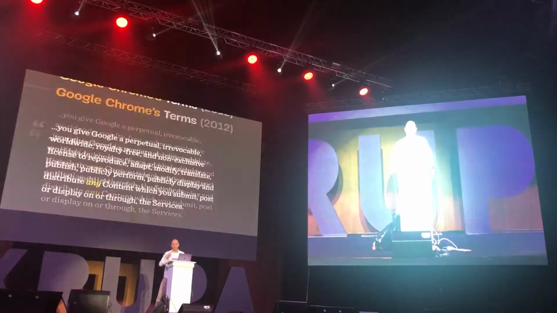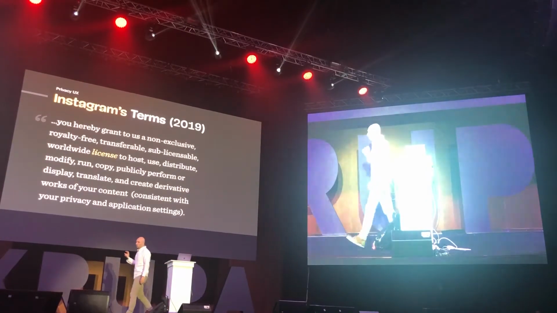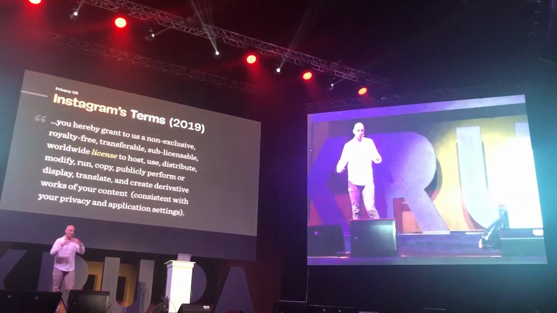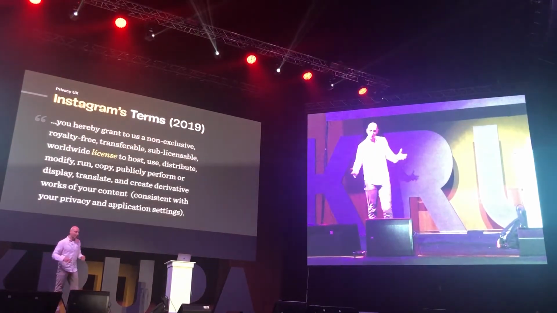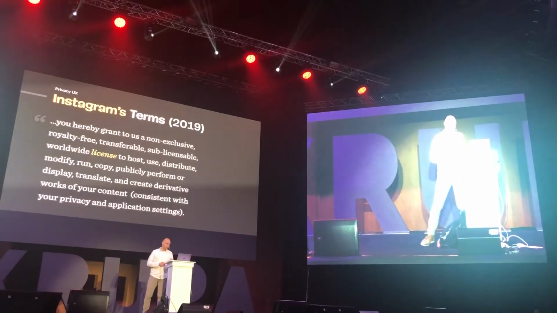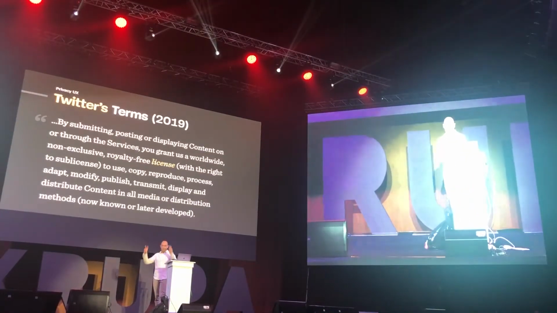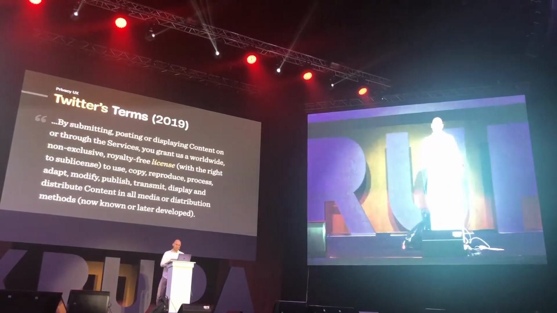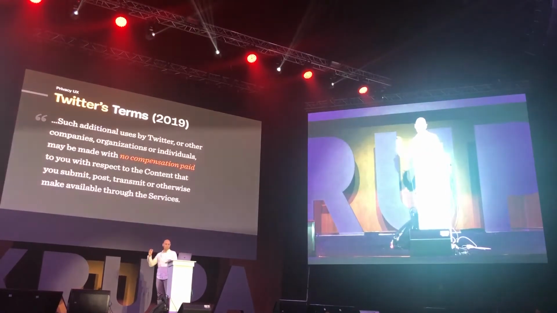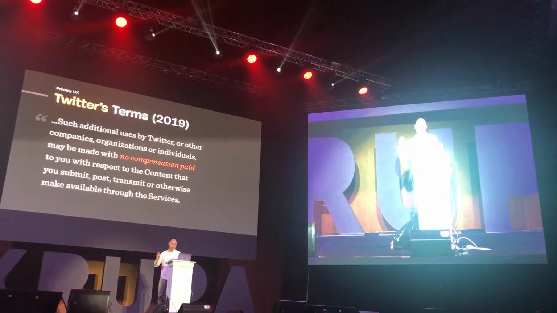On Instagram, whenever you upload an image, you give them the right to use it in any way they like. For example, if they want to use it for advertising or a banner or print or anything, they don't even have to ask you for permission. And of course, they will not even pay you. That's obvious. The same goes for Twitter. You give them full license to do whatever they want, and they even say in the privacy policy, no compensation will be paid to you, and you will not even be informed.